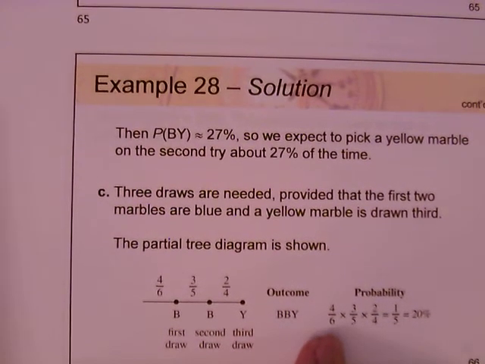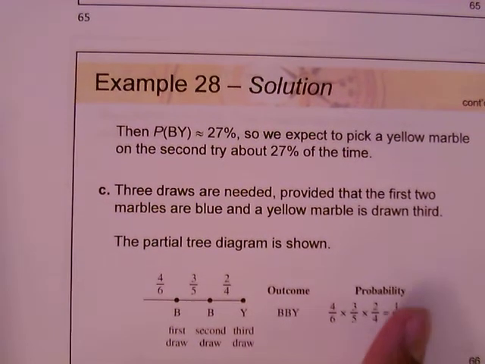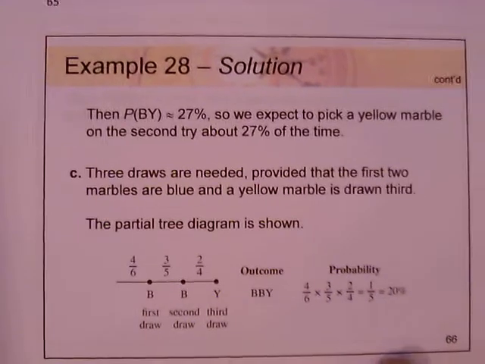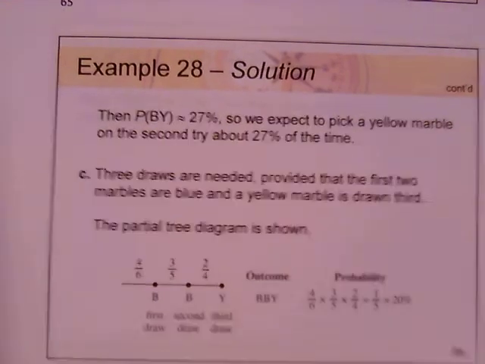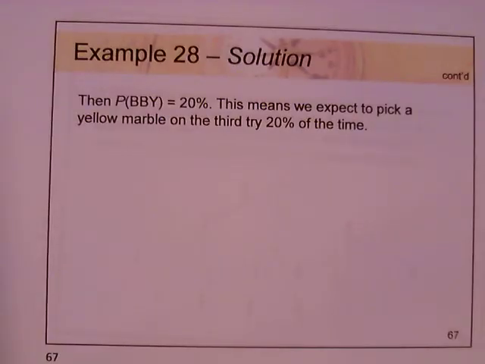Multiply those probabilities together, you'll end up with 1/5 in simplest form, but as a percent, it will be 20%. Okay. And what that means here is we would expect to pick a yellow marble on the third try 20% of the time.